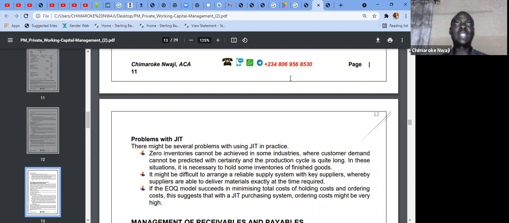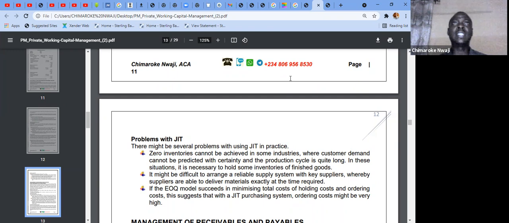But when we look at discounts gotten from bulk purchase, that might even minimize total costs. Then we looked at stock levels. We looked at the reorder level, the buffer stock, the maximum level and the minimum level, and we saw their formulas.